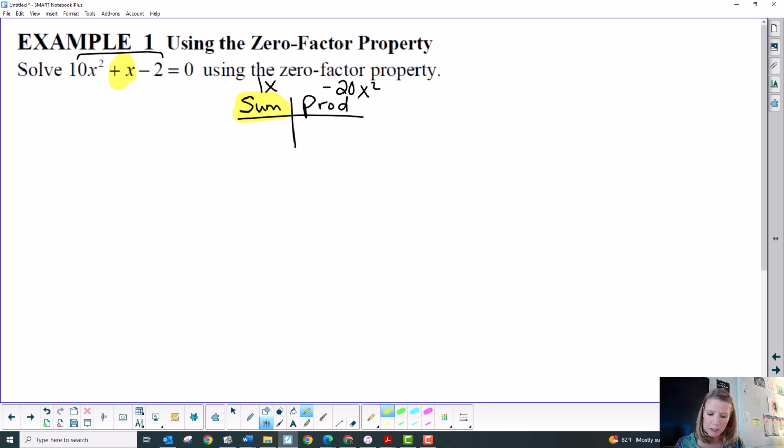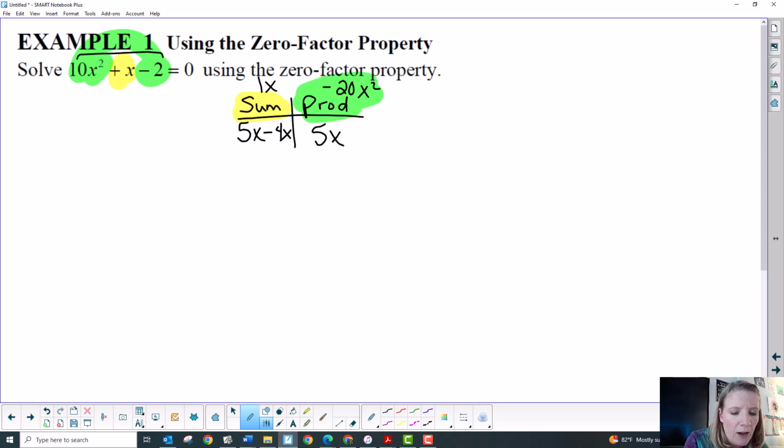My product is my first times my last. So I want to know what multiplies together to give you negative 20 and adds to give you 1. That'll be 5 and negative 4. If you take 5x minus 4x, you get 1x. If you take 5x times negative 4x, that's negative 20x squared.